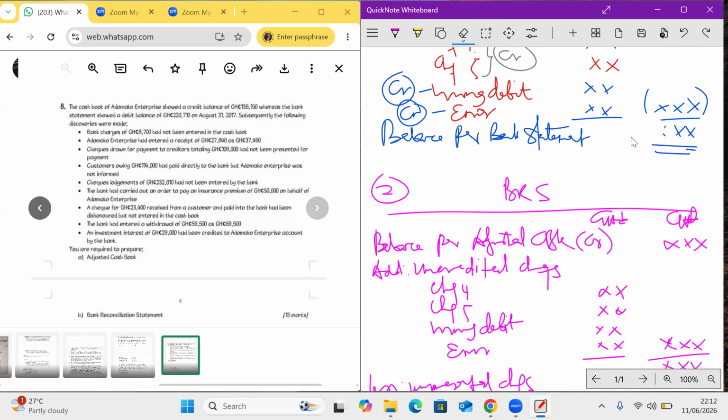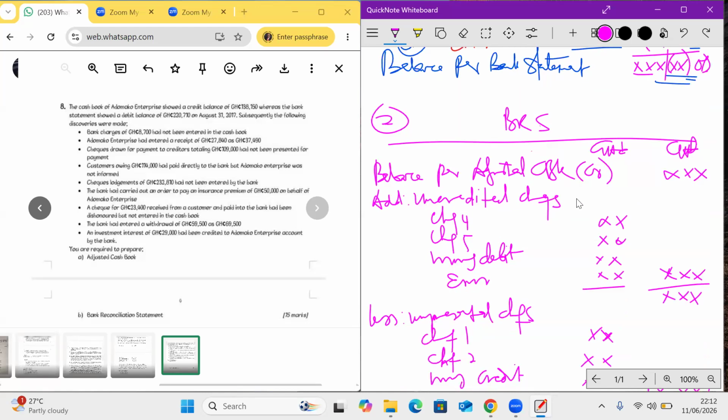We can have positive or negative here. The negative is also called OD, meaning overdraft. Are we good? Yeah. These two formats are okay.